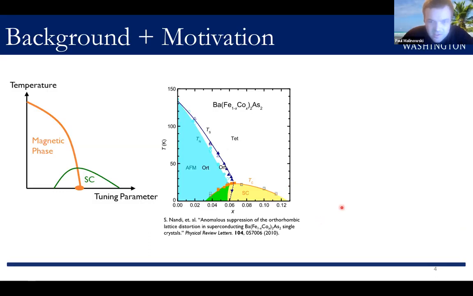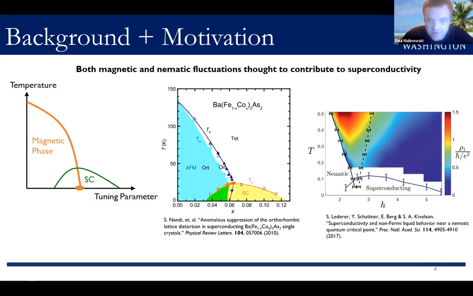Furthermore, there are theoretical considerations such as the Monte Carlo results shown here, demonstrating that in principle, nematic fluctuations can lead to an enhancement of superconducting pairing and TC near the nematic quantum critical point. So we have this overall picture in which both nematic and magnetic fluctuations are potentially contributing to the superconducting pairing.